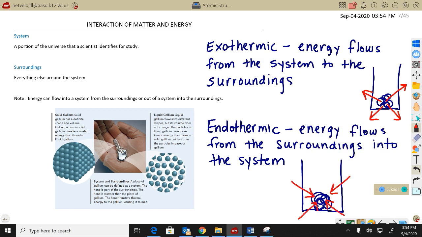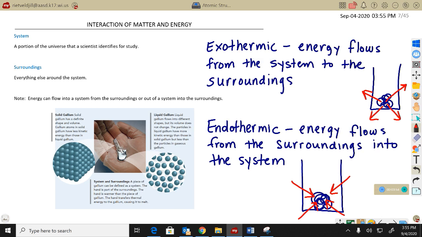The surroundings then are going to feel cool to the touch. If I feel the beaker, it lacks energy now. Some of the energy from the glass particles in the beaker got sucked into my system. That energy got sucked into the chemicals that were inside of the beaker. So I feel that lack of energy.